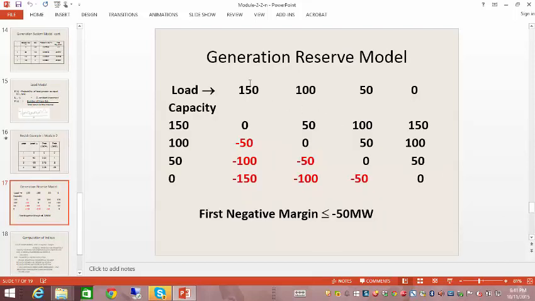Now these load and capacity models are combined to create what we call the generation reserve model, also called the margin table.